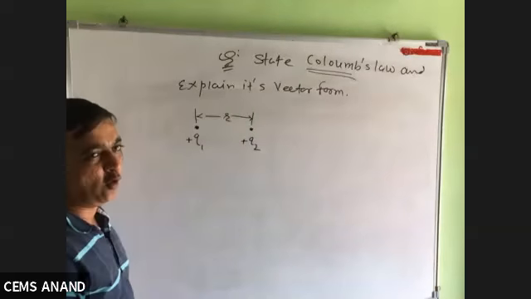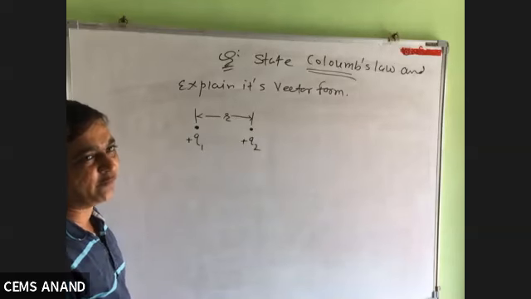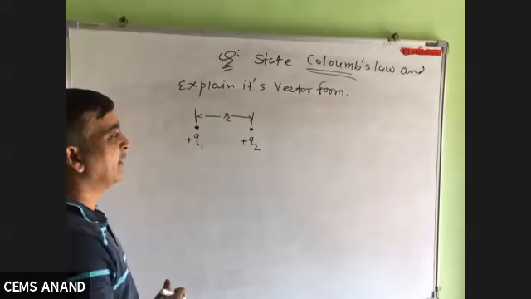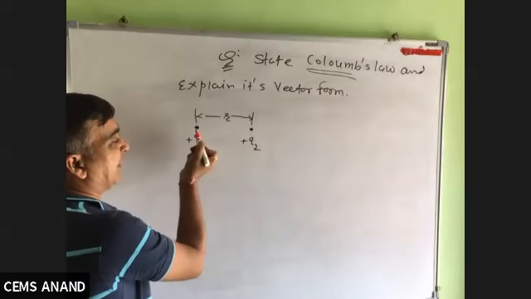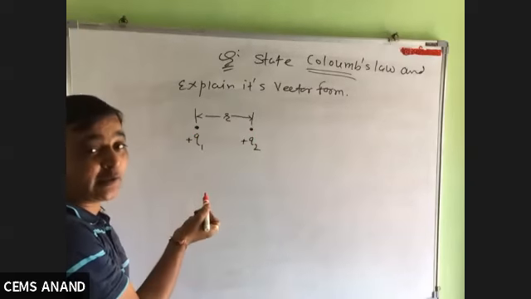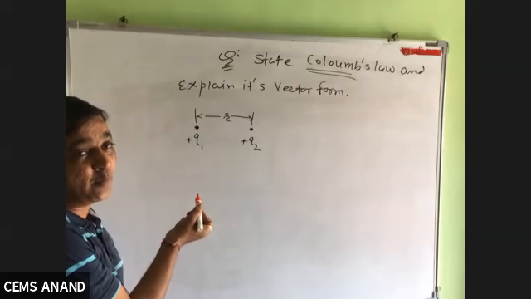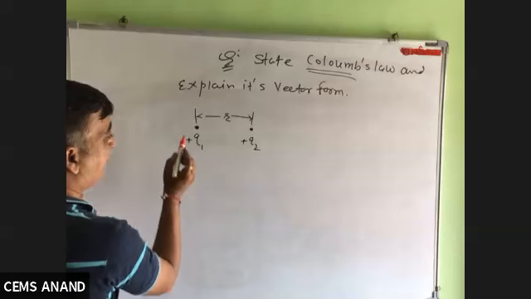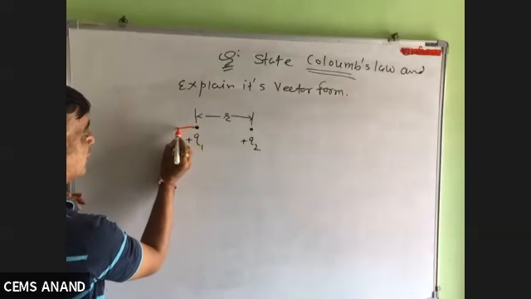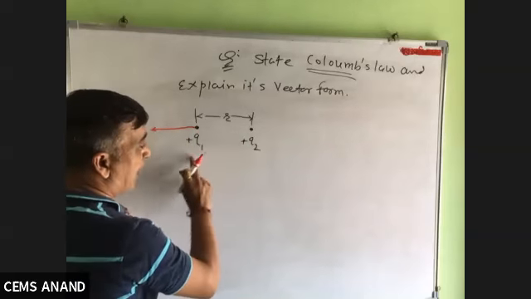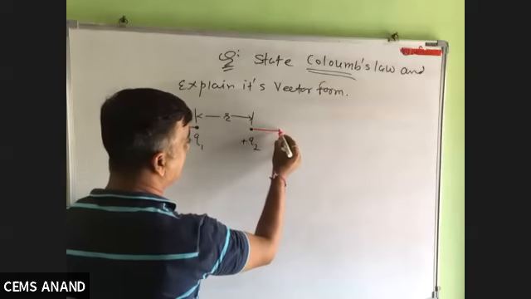As we know, all the charges can generate force on the nearby charges. So Q2 generates force on Q1, and the force between them is repulsive, so we can predict the direction of the force as this. Similarly, on Q2 by Q1 it is in this direction.